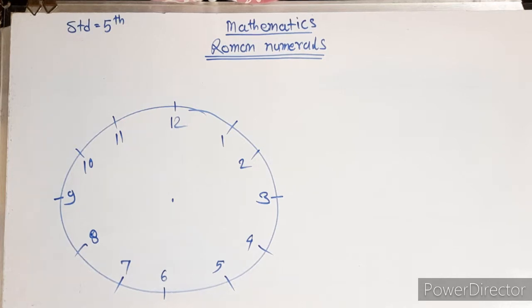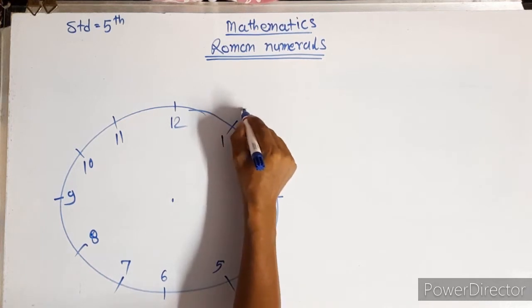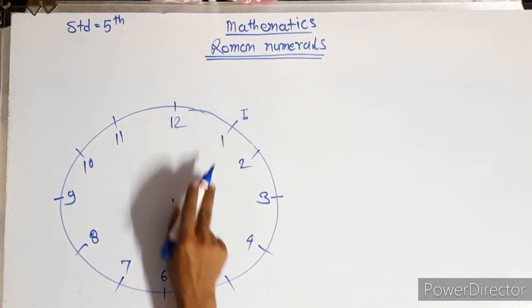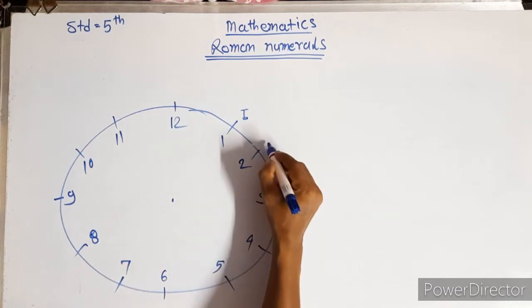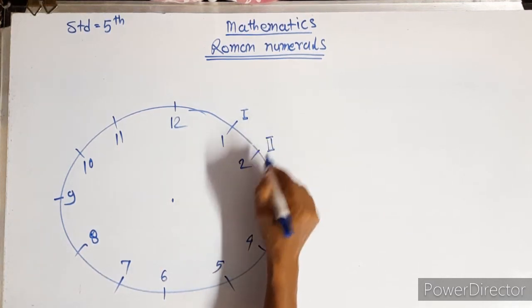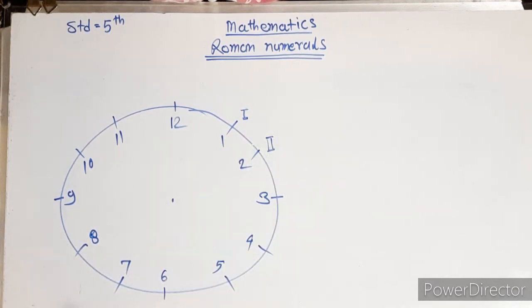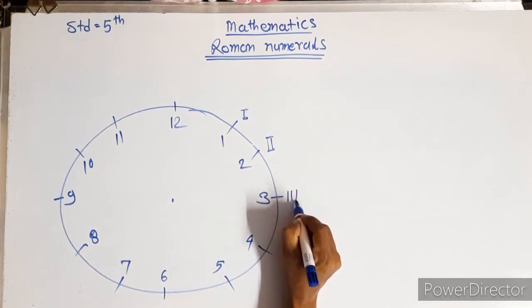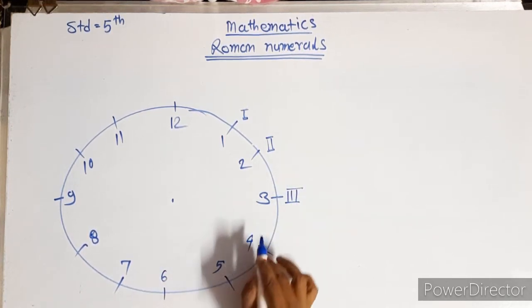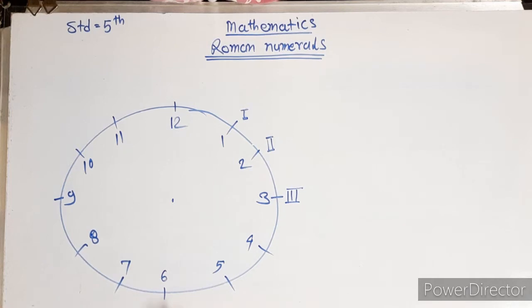You know, we use I for 1, double I used for 2, triple I used for 3, but do not use 4 times I. It is absolutely wrong.